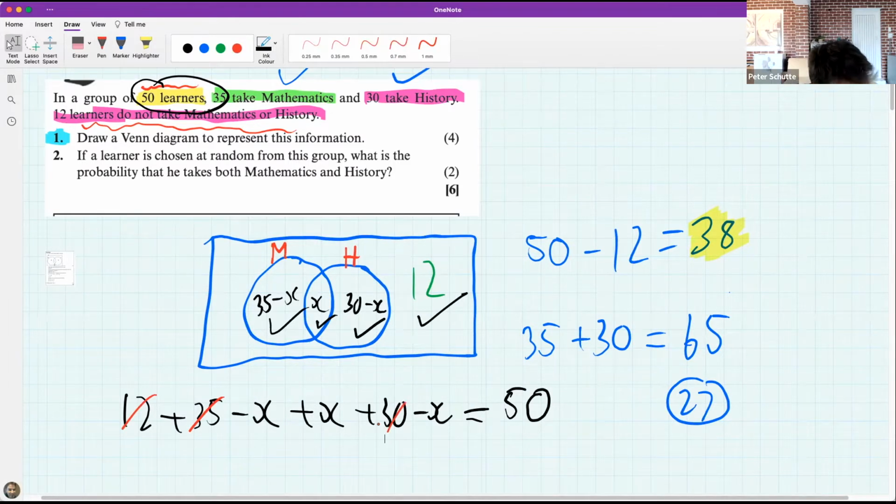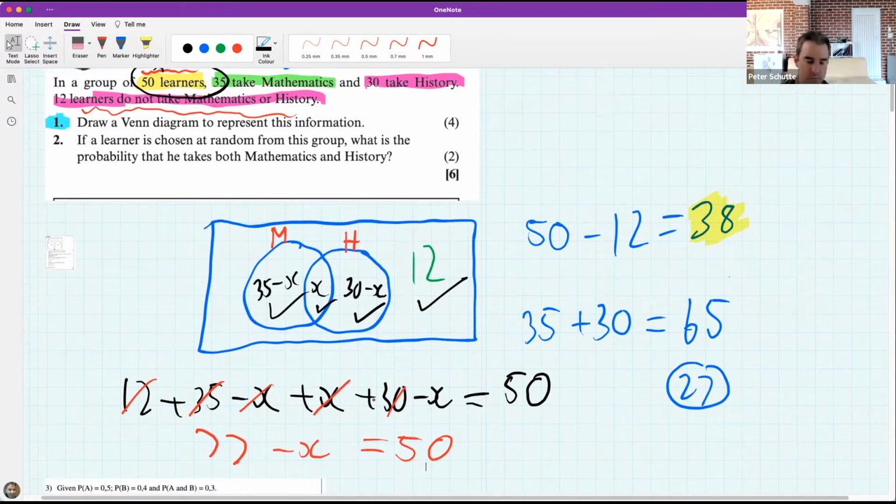I'll use my calculator. So that is 77, and then minus X minus X. What do you get for your X value? Put your answer in the chat. What do you get for your X value?